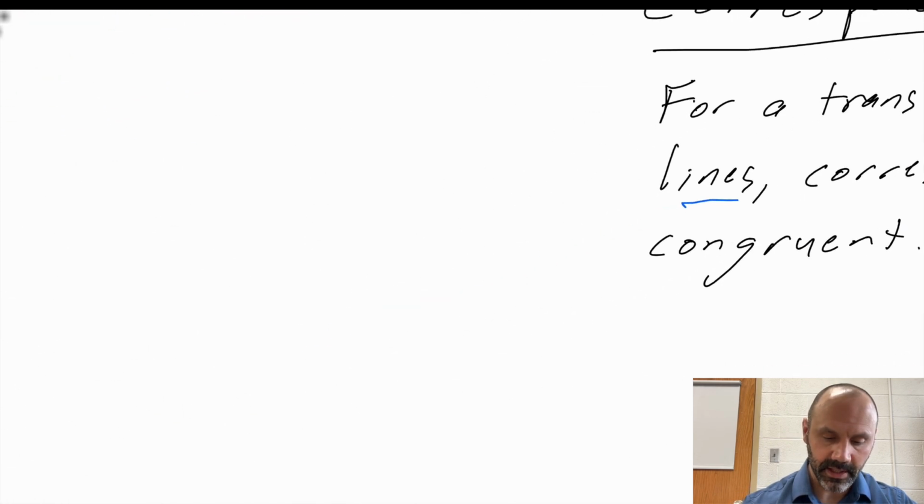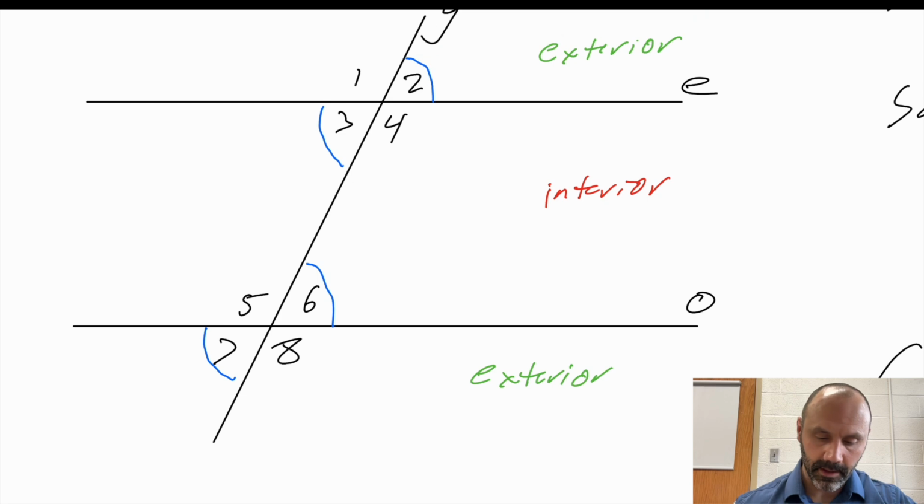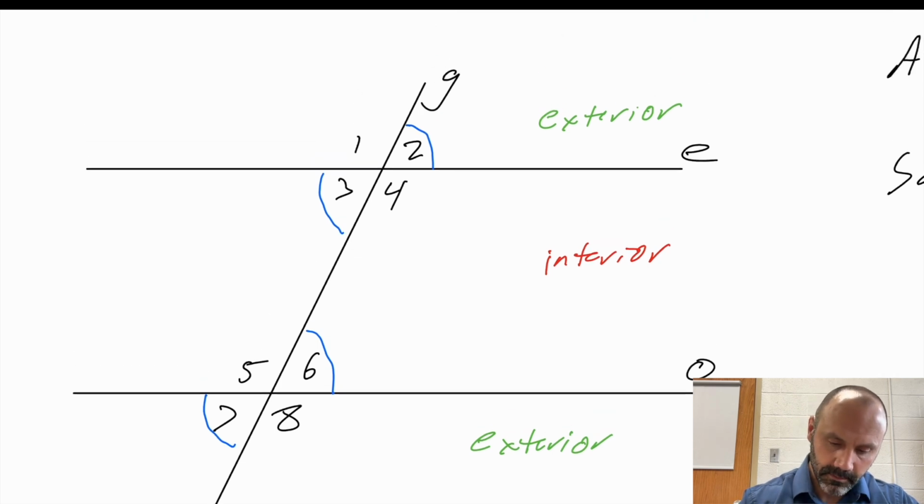So now let's take a look at the same side interior angles. Angle 3 and angle 4, these two angles form a linear pair. So they're supplementary, right? They add to 180 degrees.